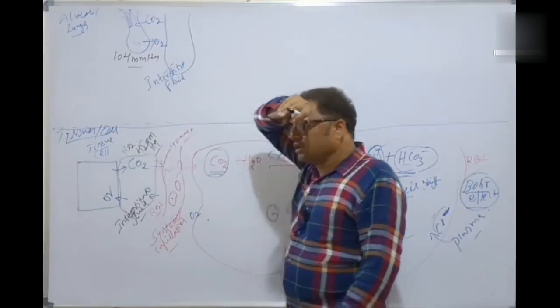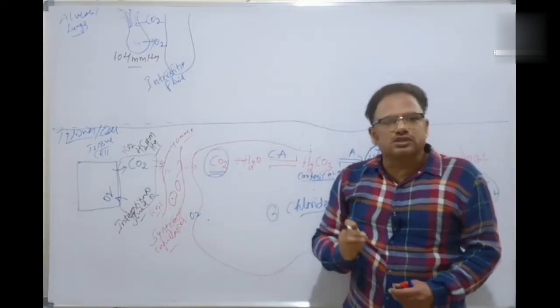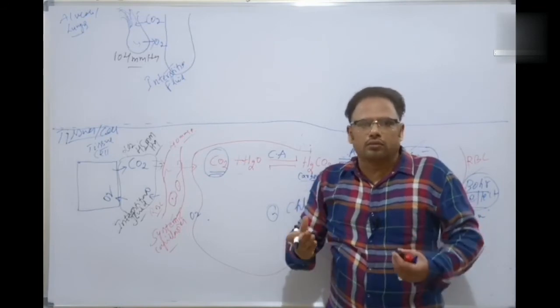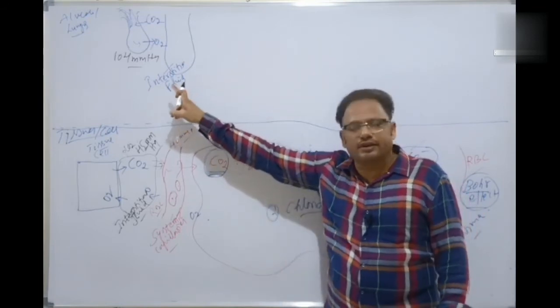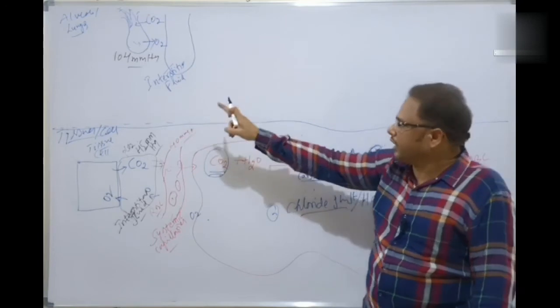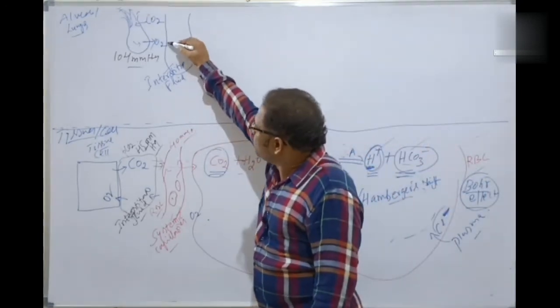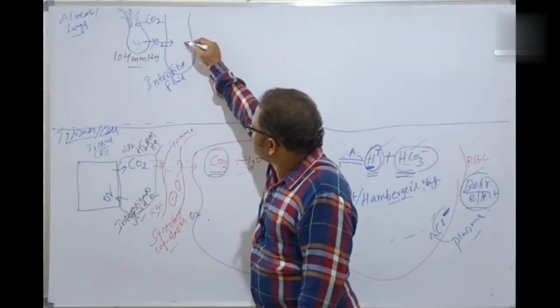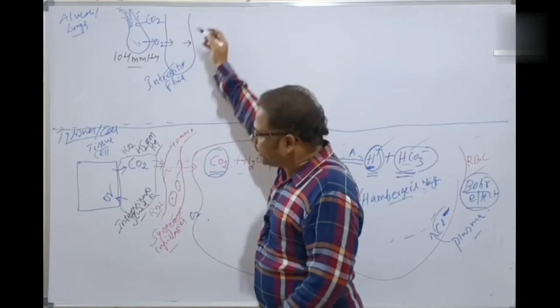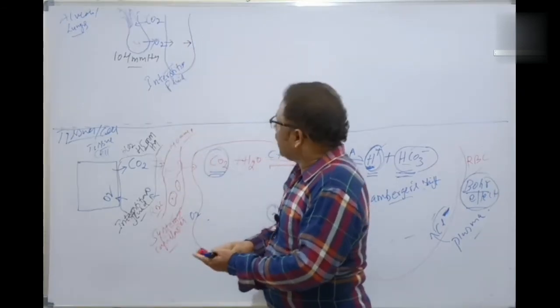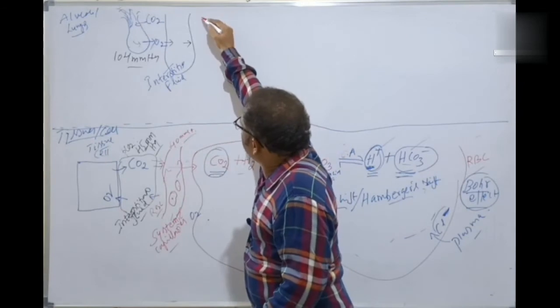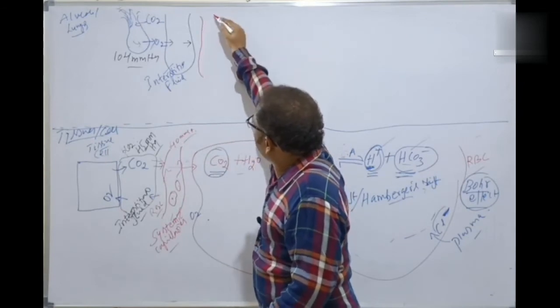That's why the percentage saturation of oxygen with the hemoglobin is also more, because the partial pressure is more. 104 mmHg, isn't it? So the oxygen is moving across the interstitial fluid, and then enters the pulmonary capillaries here. This all is the representation of the pulmonary capillaries.